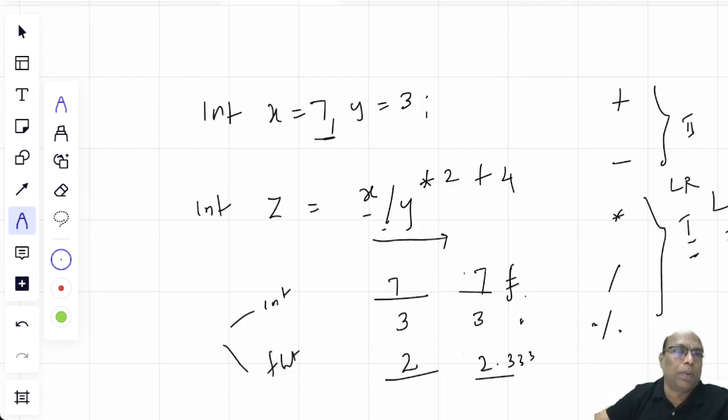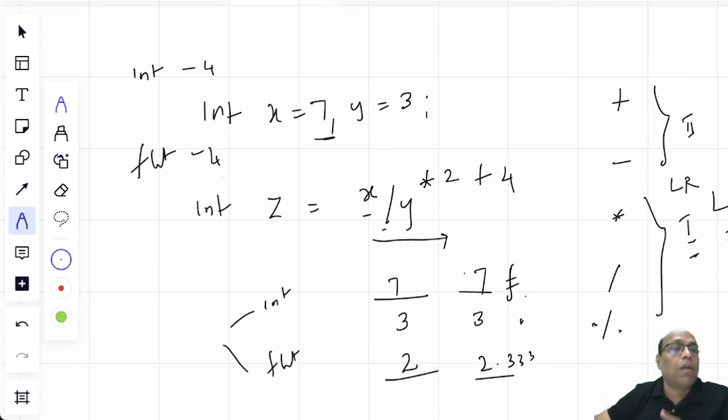How is the higher one decided? We said an integer is 4 bytes, and a float is also 4 bytes. Both are 4 bytes, right? But the float is capable of storing a higher value. How? I'm going to explain in a further lecture.